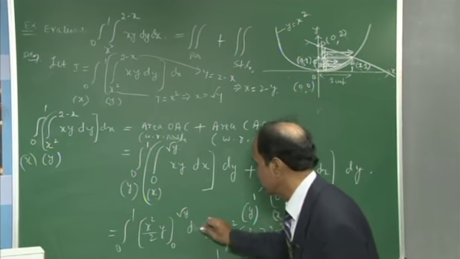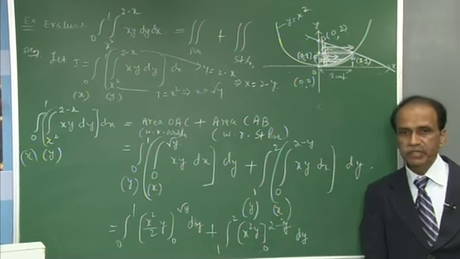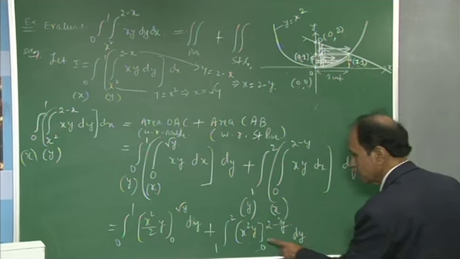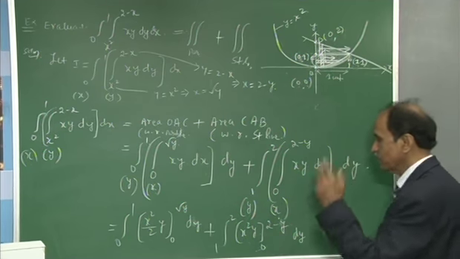So apply the limits for x, upper limit and lower limit. X has upper limit as the straight line and lower limit as 0.